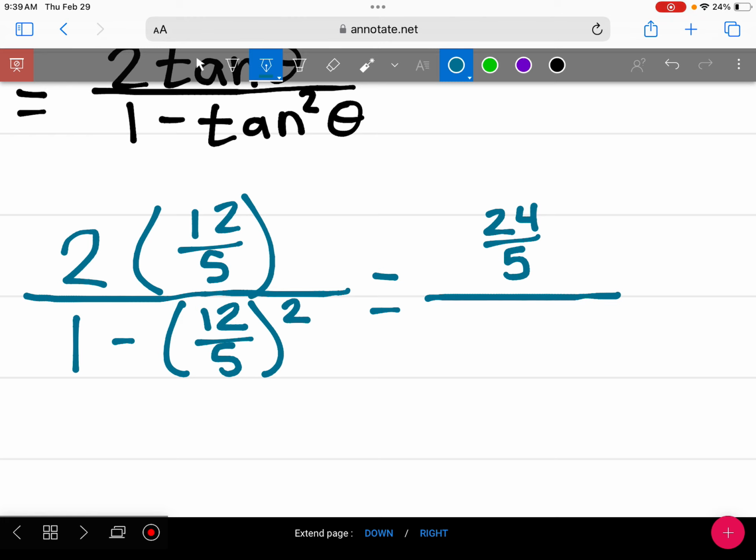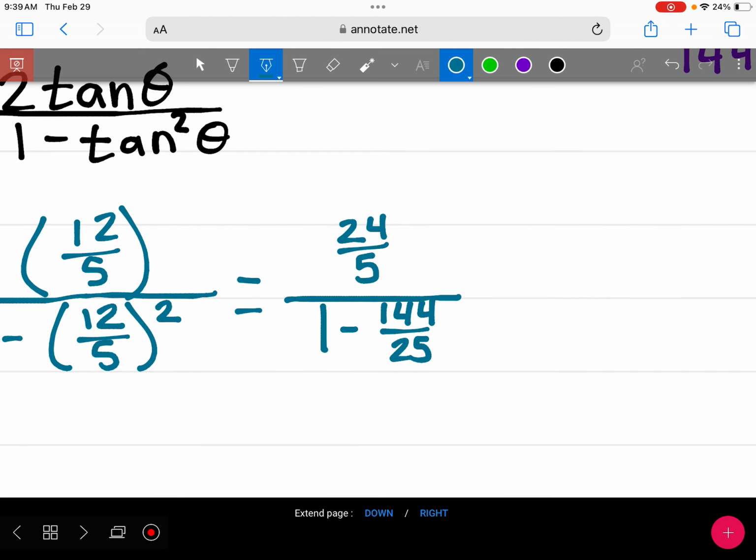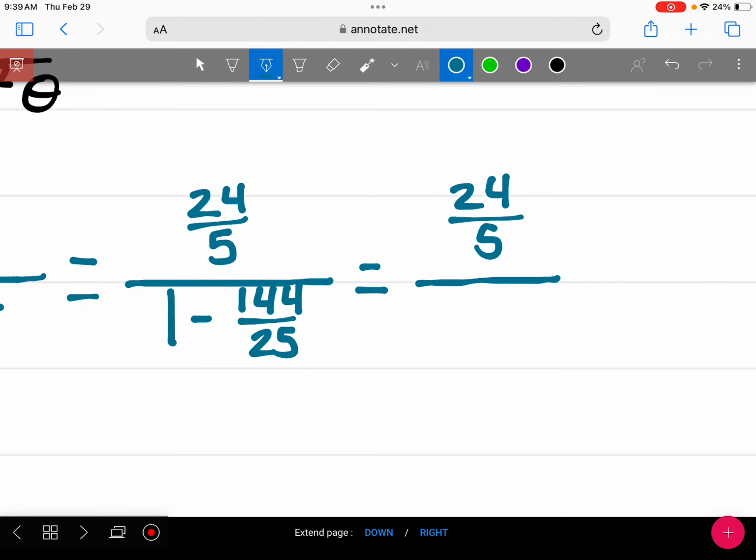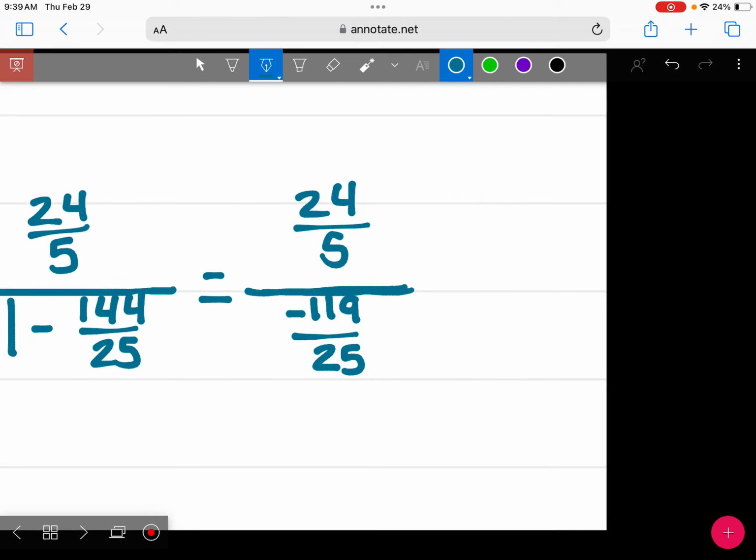We have 12 over 5 squared, 144 over 25. So we have 1 minus 144 over 25. So what's 1 minus 144 over 25? Negative 119 over 25.